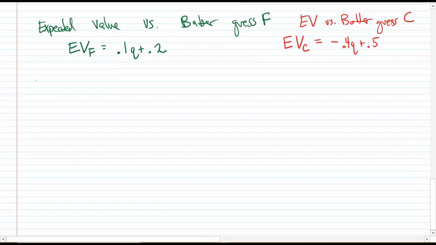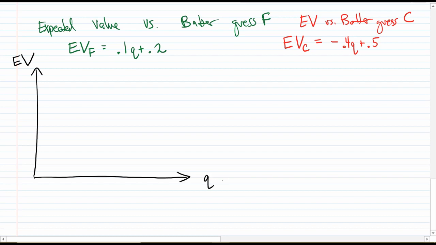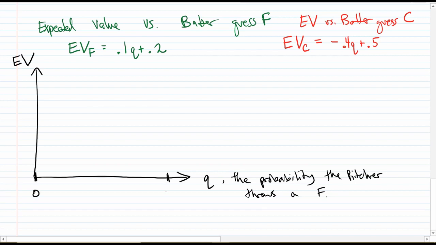Now we can graph these again. I'll plot the expected value on the y-axis, and on the x-axis I'll plot q, the probability. I should say the pitcher throws a fastball. So again, the probability can only range between 0 and 1.